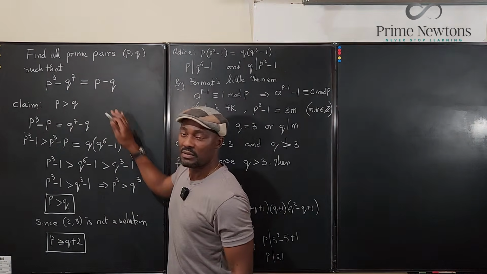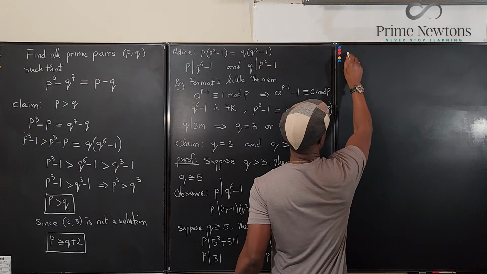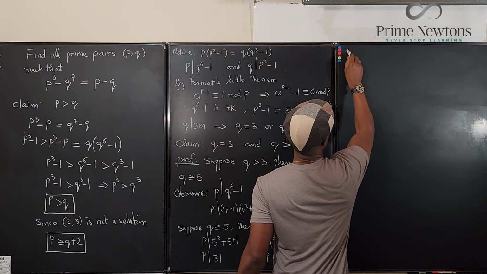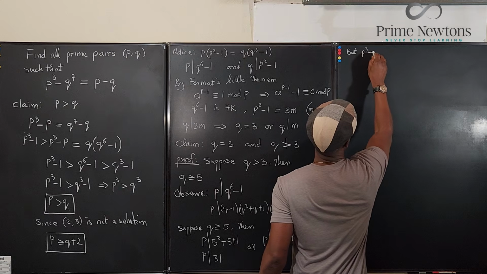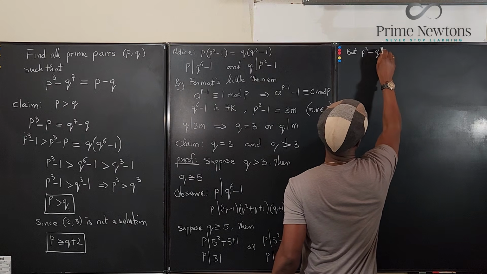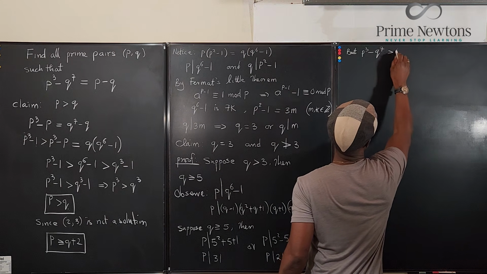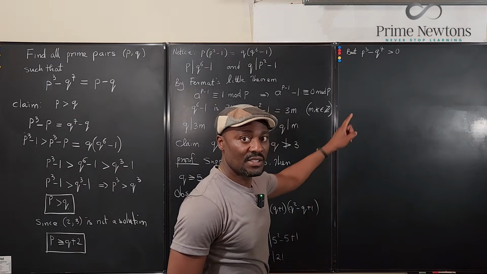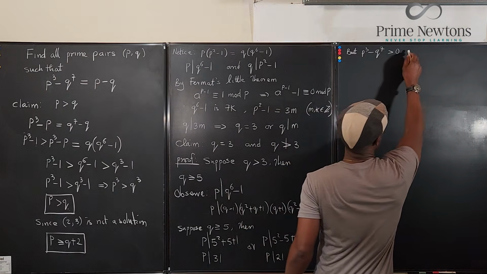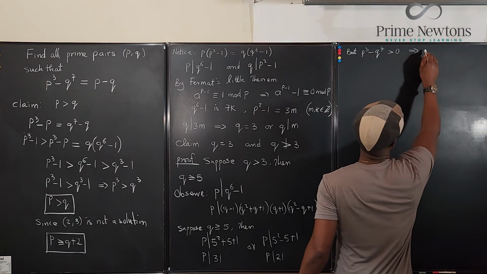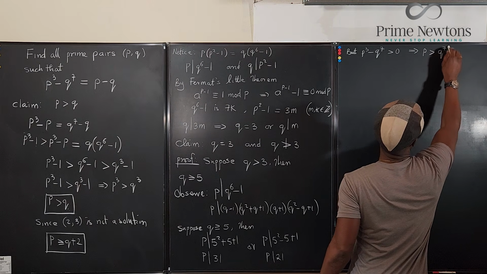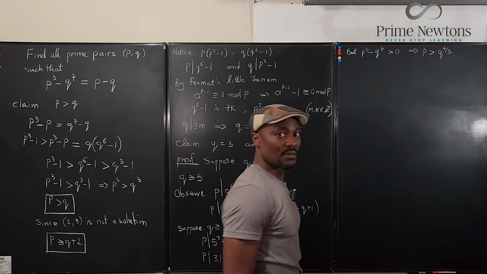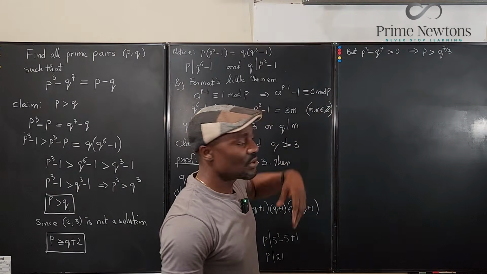But let's go this way. p cubed minus q to the 7th is greater than 0. That implies that p is greater than q to the 7/3, if we take the cube root of both sides.